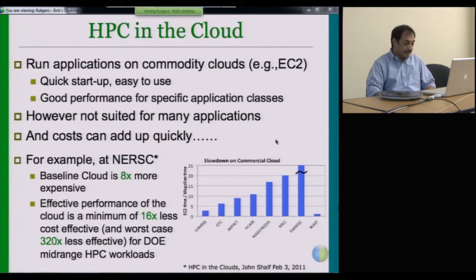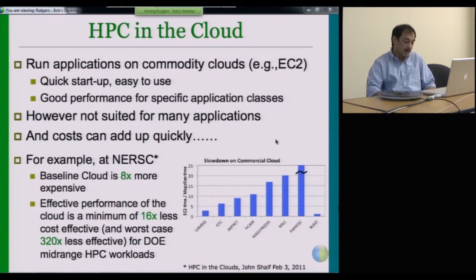And there's a very interesting report that I think you're going to hear about later, or might already have, the Magellan project. And these are some numbers from there. In their experiments, they found that baseline clouds are about 8 times more expensive, and effective performance of the cloud is about 16 times less, specifically for the DOE mid-range HPC workloads.